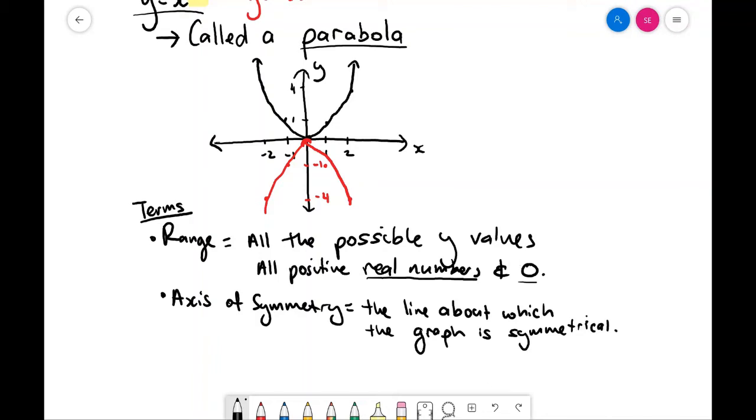You can see here that the parabola is the same on the right-hand side as it is on the left-hand side, so we say it's symmetric. We say it's symmetric about the y-axis here.